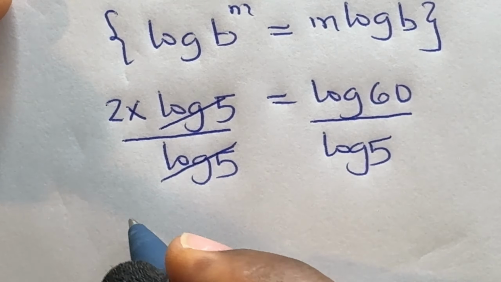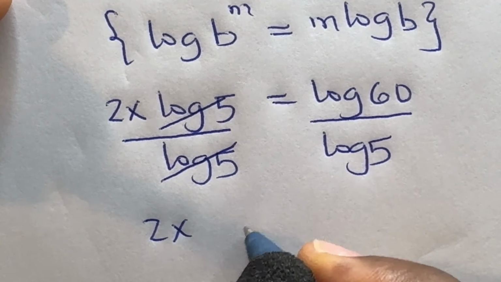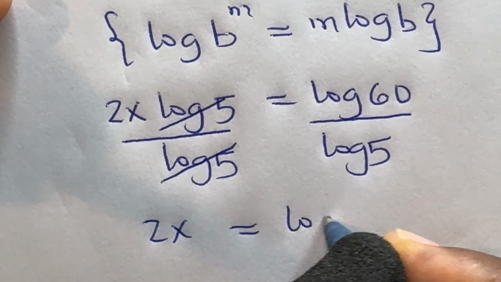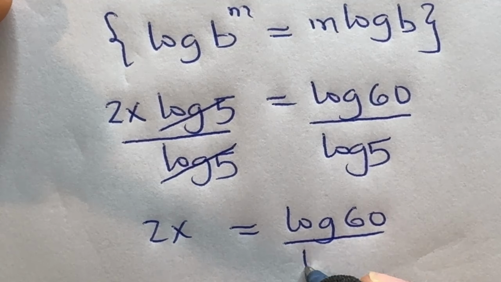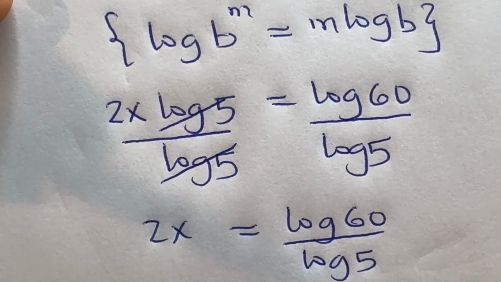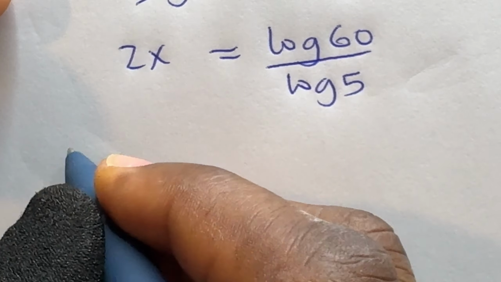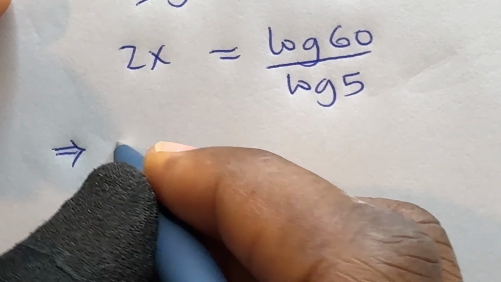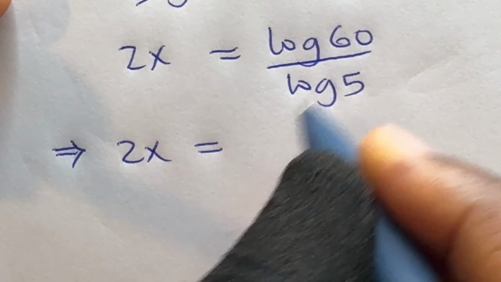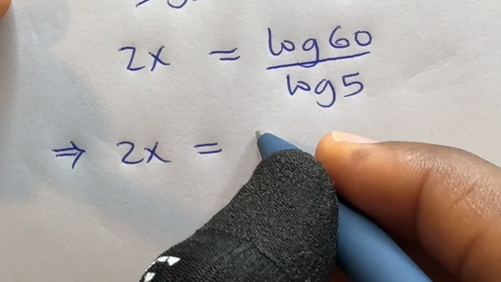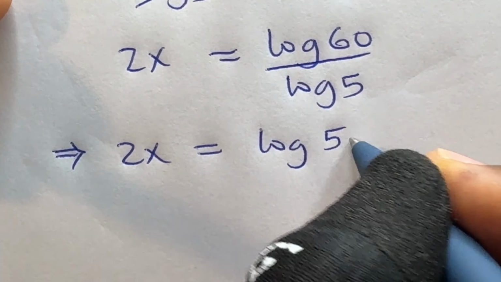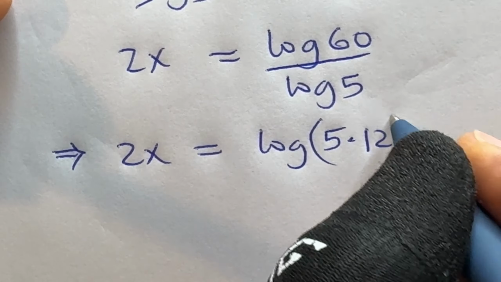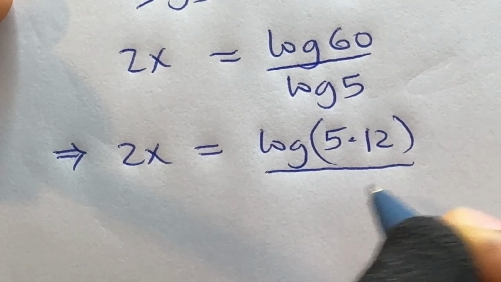This cancels this, and we are left with 2x is equal to log 60 divided by log 5. This implies 2x is equal to, if I break down 60, I will get 5 times 12 divided by log 5.